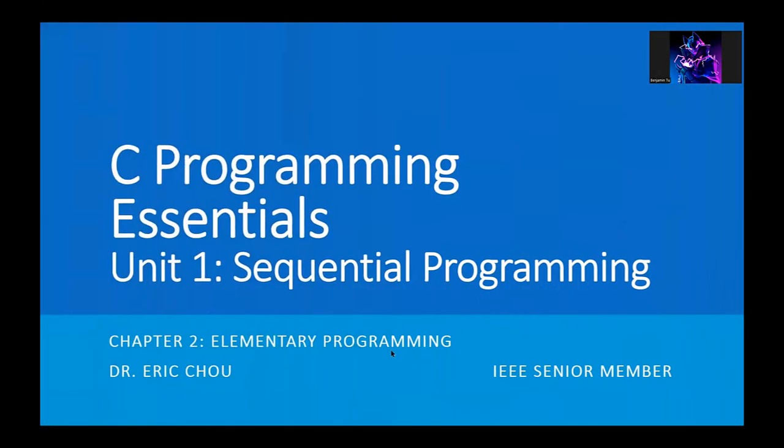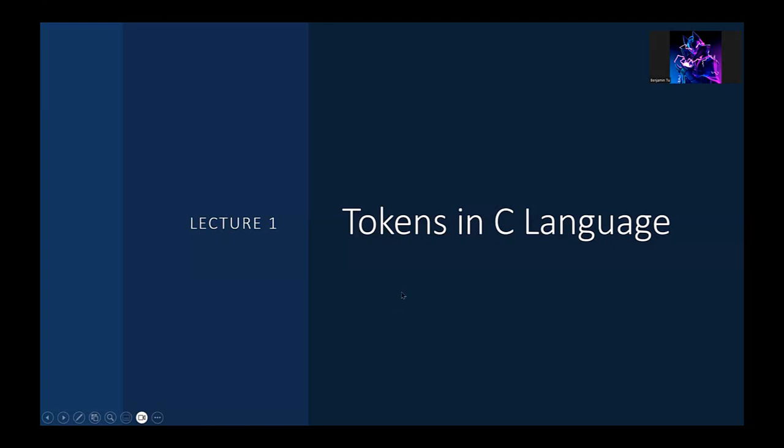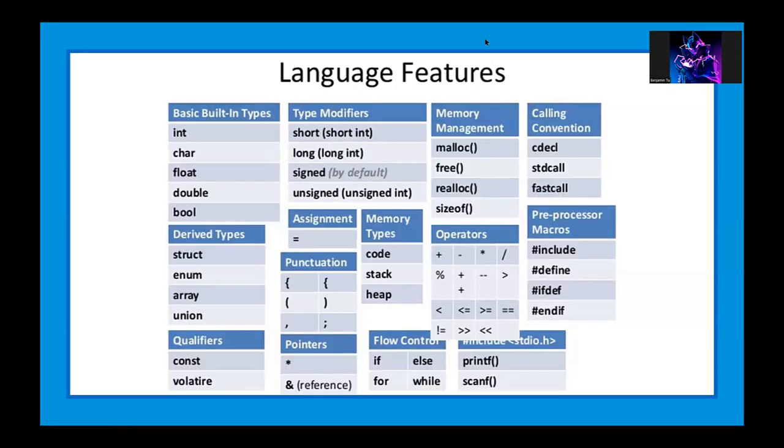Chapter 2 is elementary programming: data types, operators, those kinds of things. So tokens in C language, you have int, char, float, double, bool. These are different types. So bool is boolean, it's different from Java. These types char, float, double are similar to Java, but a little bit different.